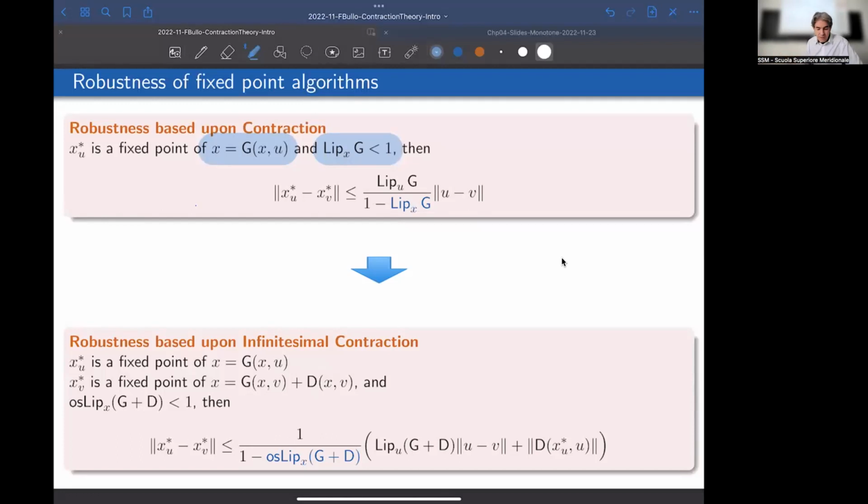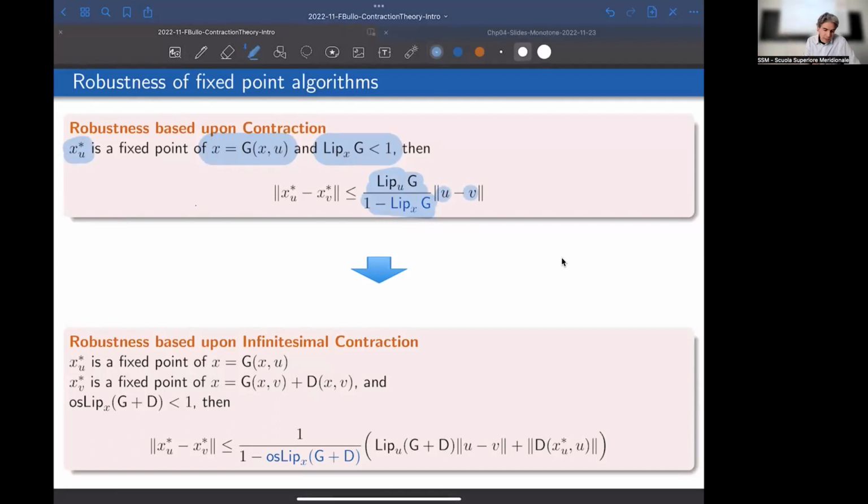Then we said that if you use two distinct inputs, U and V, the fixed points of the problem become a function of U, and this function is Lipschitz, and there is a Lipschitz constant that relates variations in the inputs to variations in the fixed point.